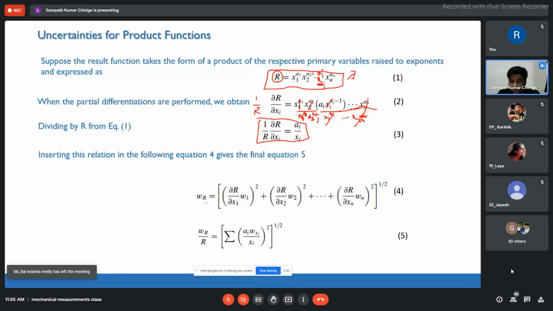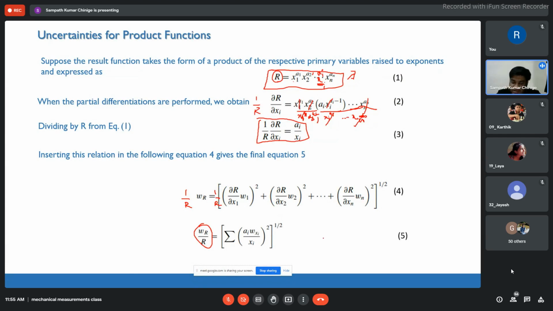Dividing both sides by R, ωR by R, the deviation of R by R, is the square root of the sum of (a1 by X1 into ω1), (a2 by X2 into ω2), and so on, (an by Xn into ωn).